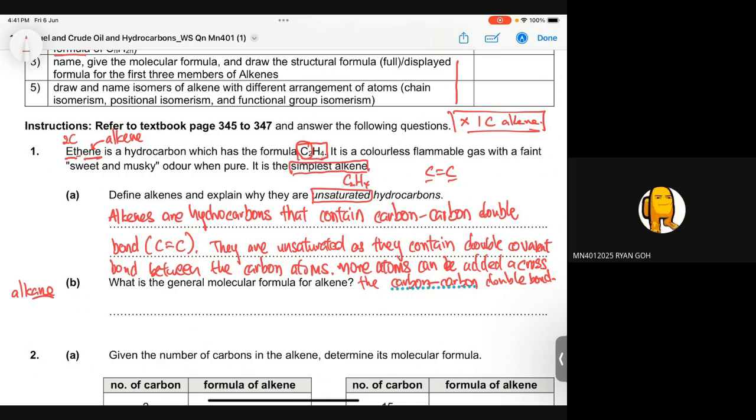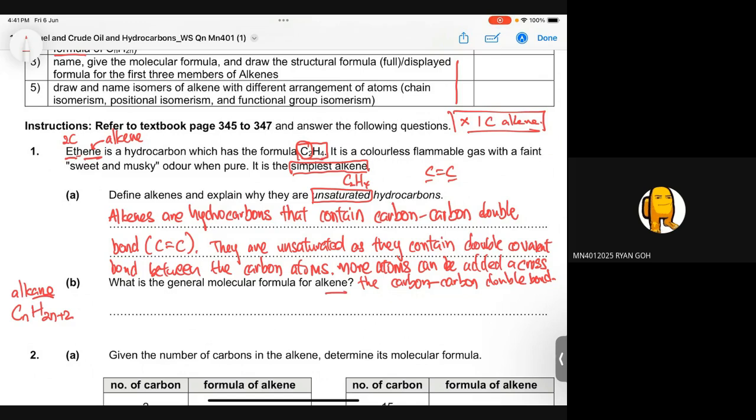CnH2n plus 2. Okay, good. So this is the general molecular formula for alkane.